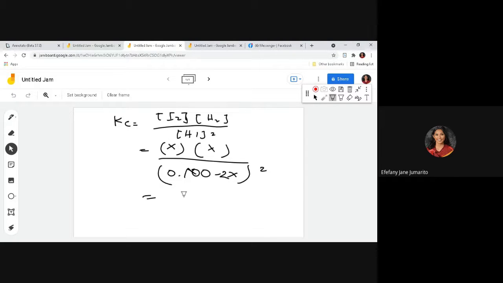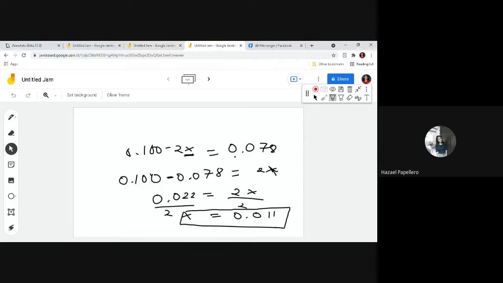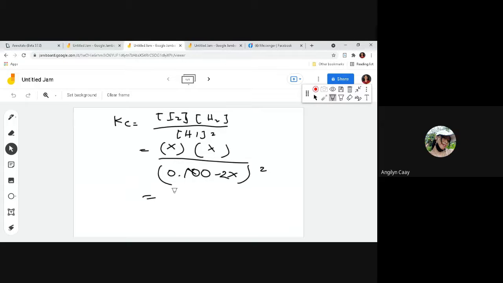What is the value of x? 0.011. Over, what is the value here, gali, class? 0.100 minus 2x, this is equal to 0.078.